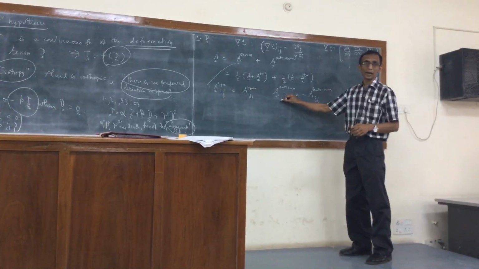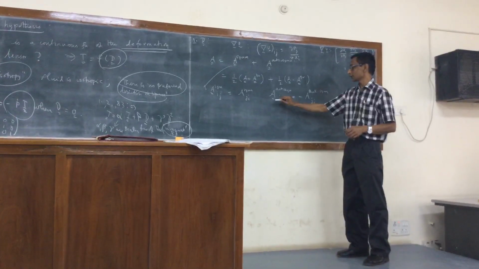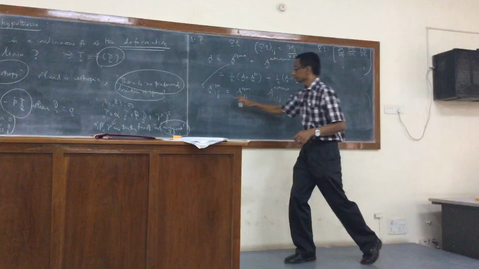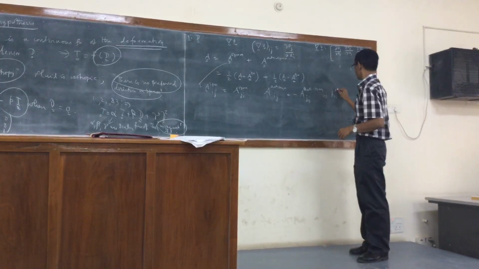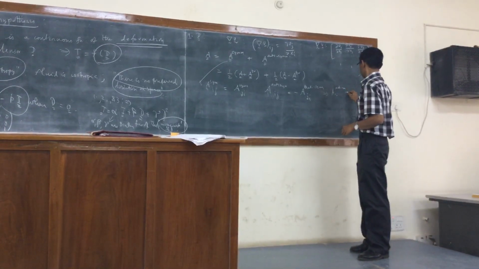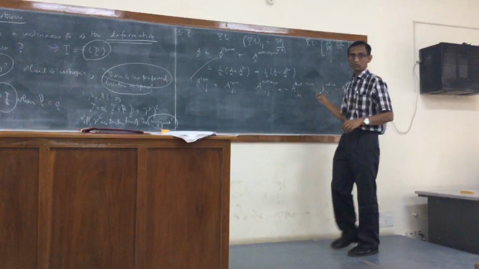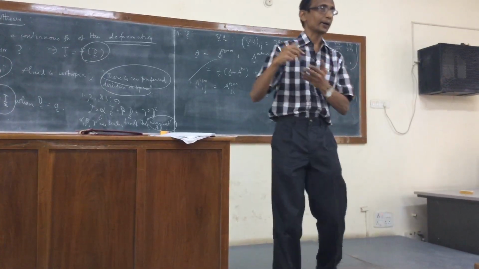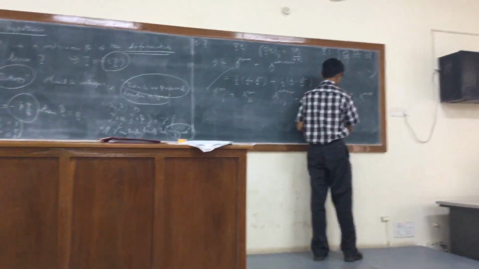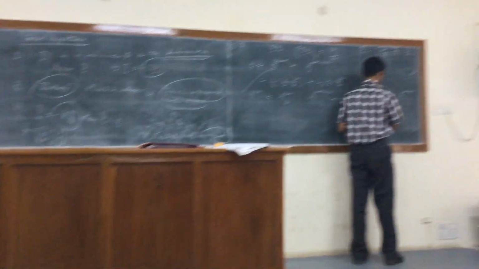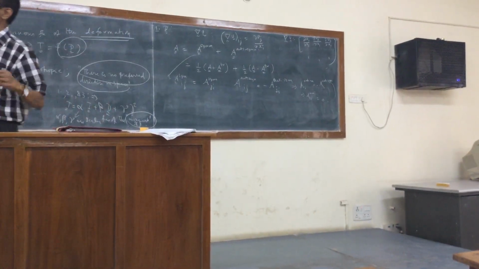So if I put j equal to i, no summation implied, I get Aii anti-symmetric equal to minus Aii anti-symmetric. It refers to the ith diagonal element, corresponding to the ith row. Clearly then Aii anti-symmetric is 0. So the diagonal elements are 0.